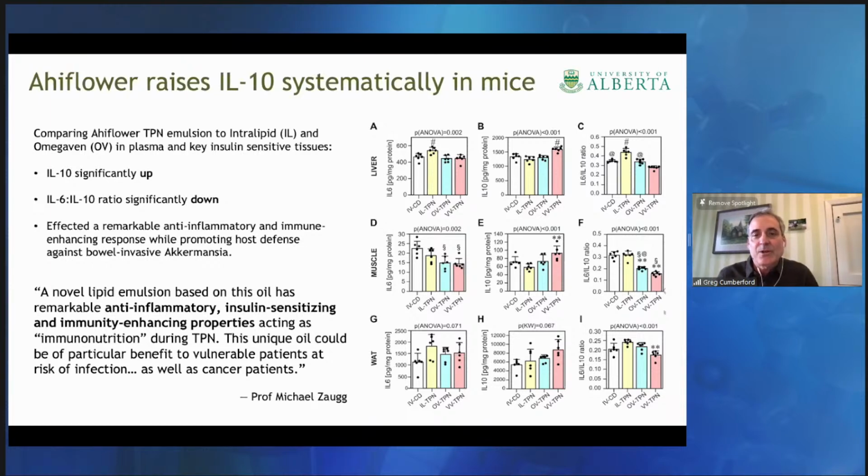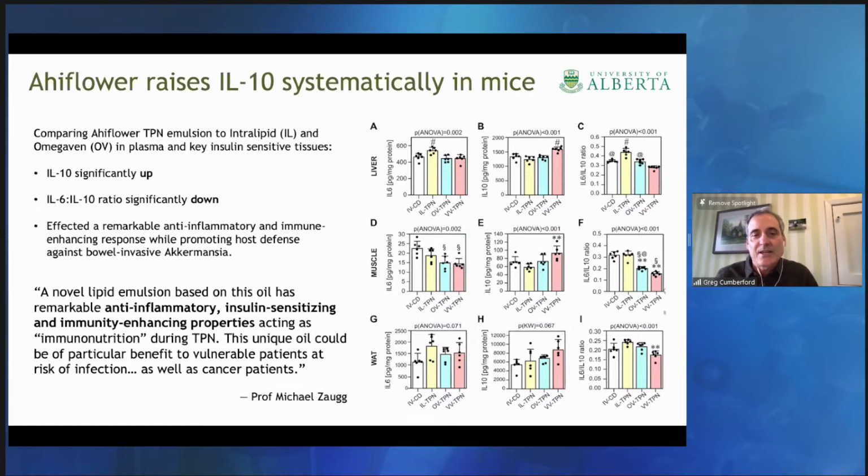either fish or soy-based emulsions, was the notable upregulation of interleukin-10 in various tissues: the liver, the muscle, and the white adipose. The interleukin-10 was significantly higher, but also the interleukin-6 to interleukin-10 ratio was significantly lower in those tissues.